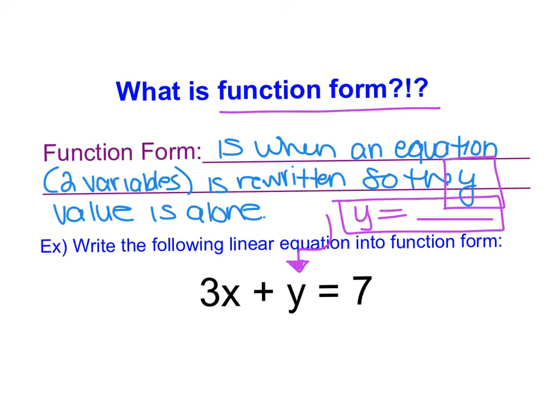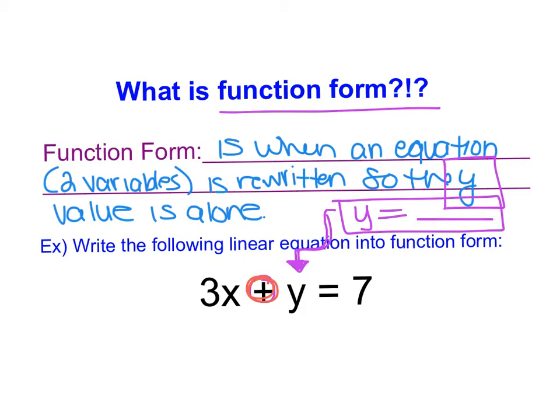So we need to move terms entirely away from y. For example here, you'll notice that 3x is being added to y. Now we want y to be completely by itself. So what we have to think about is how on earth we could get the y value by itself by undoing that entire 3x. And what I notice here is that these two items are being added together.